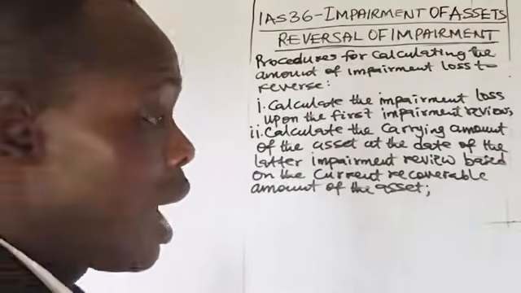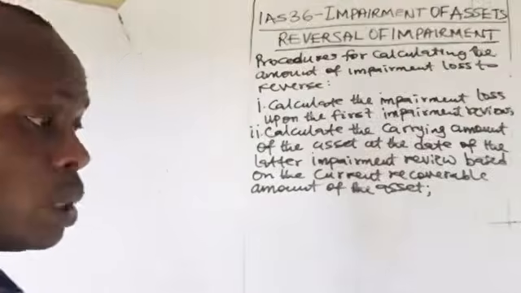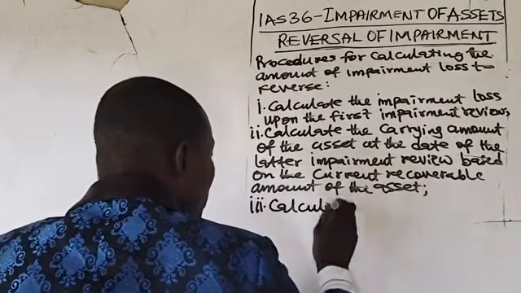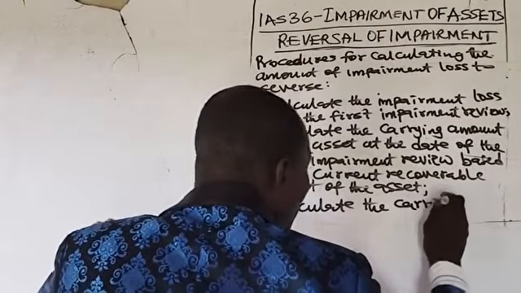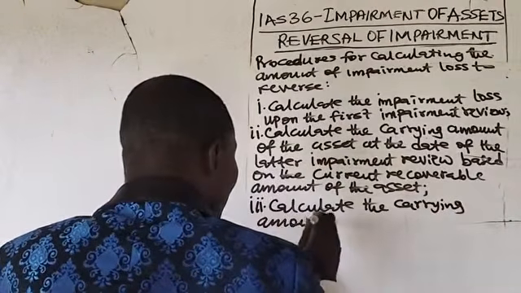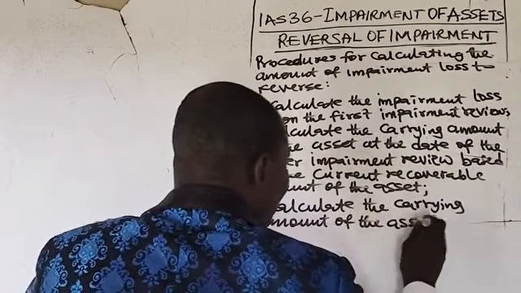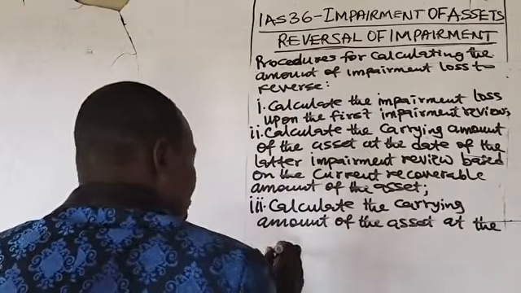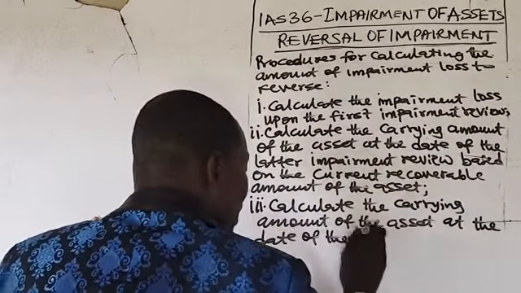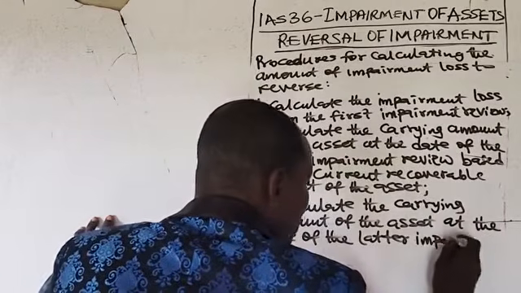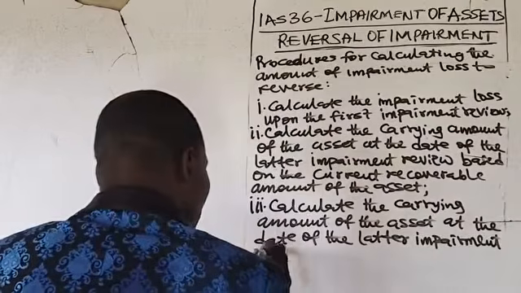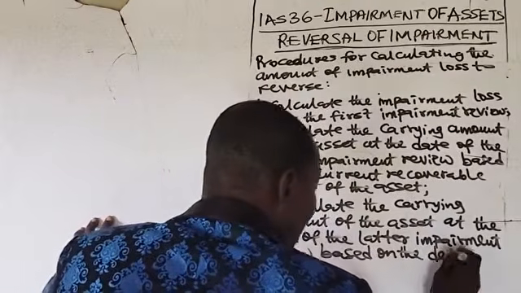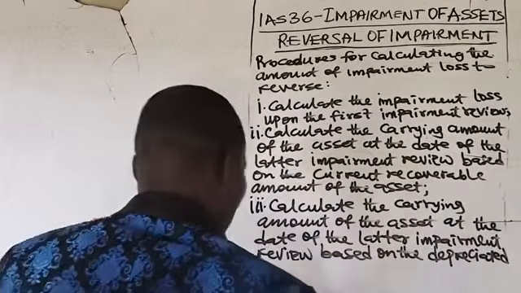Three, calculate the carrying amount of the asset at the date of the latter impairment review based on the depreciated historical cost.